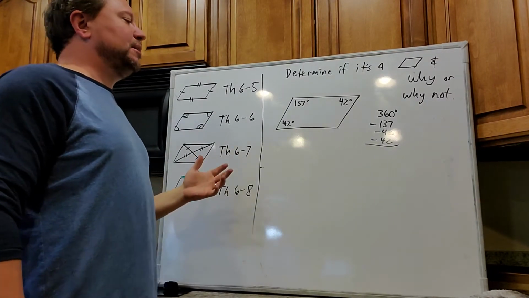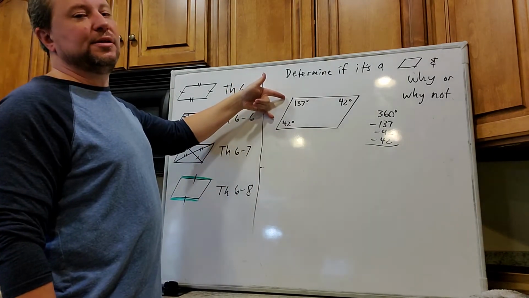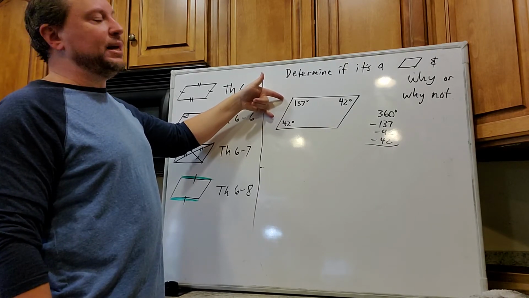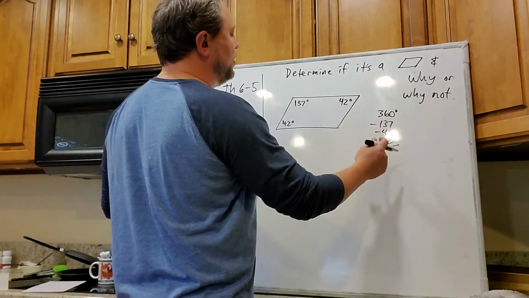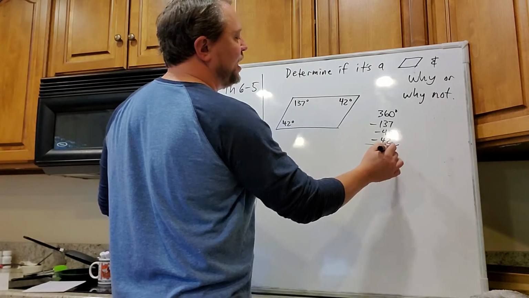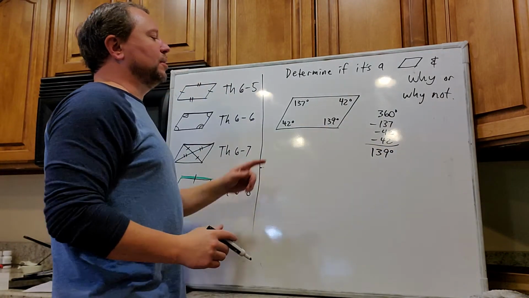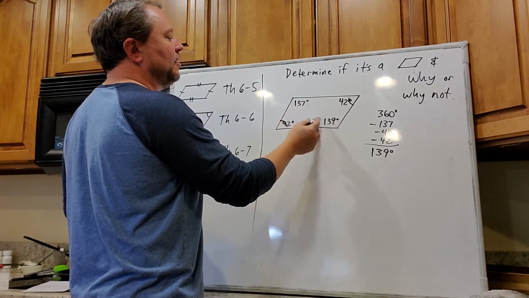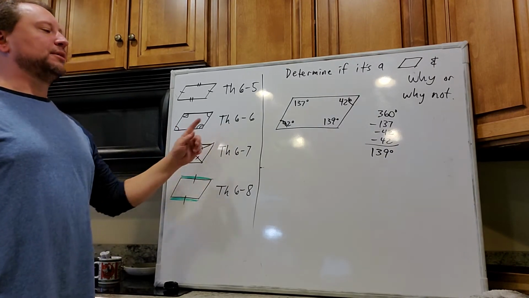One of the other ways I know that that's the case, because remember, if it was a parallelogram, the consecutive angles, two in a row like this, should add up to 180, and these don't even add up to 180. Okay, if you do your math here, though, you should find that you're left with 139 degrees for that last angle. So again, even though I have a match here and here, I don't have a match there and there. So I cannot use theorem 6-6.